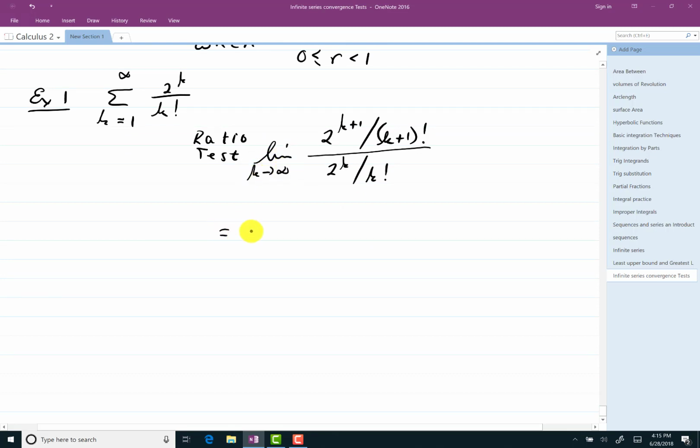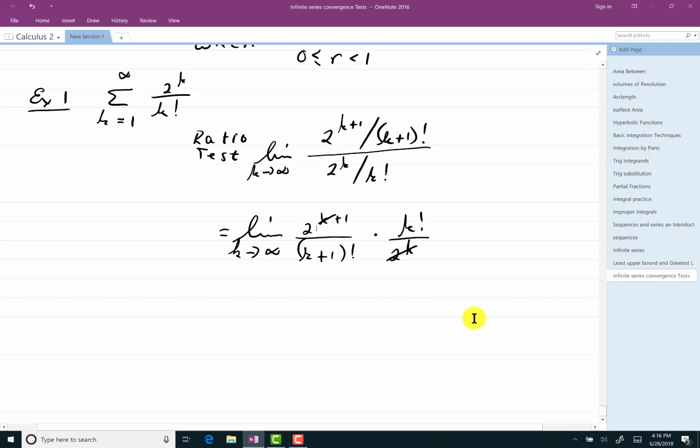And so let me rewrite this. This fraction over here, 2 to the k plus 1 over k plus 1 factorial times, this fraction flips, and I'll get k factorial all over 2 to the k. Now there's a lot of canceling that goes on. For instance, 2 to the k plus 1 cancels out the 2 to the k, and I'll be left with just a 2 in this spot up here.